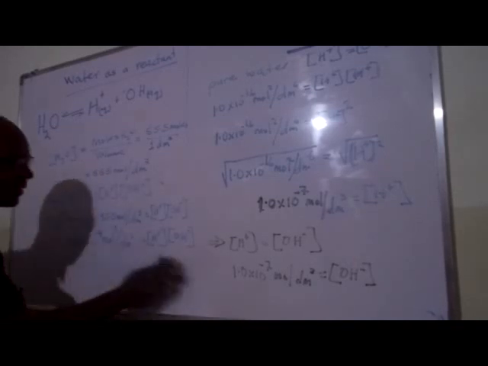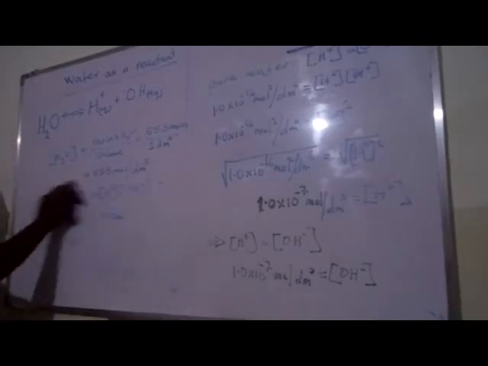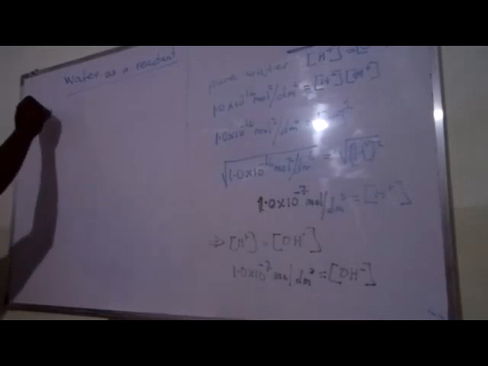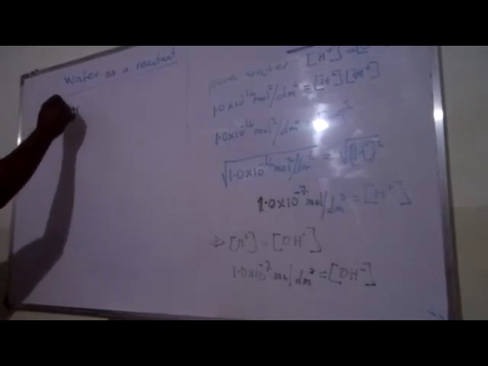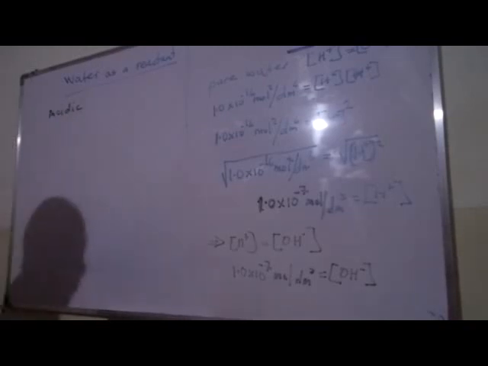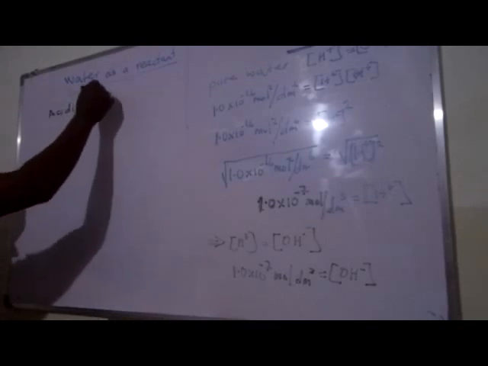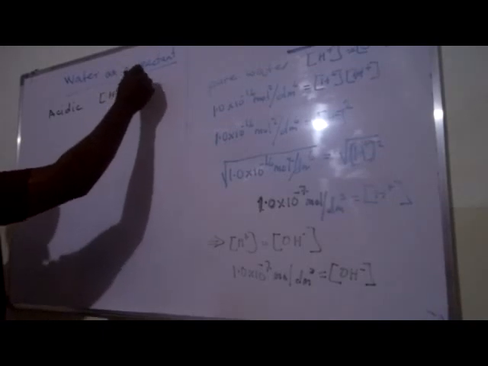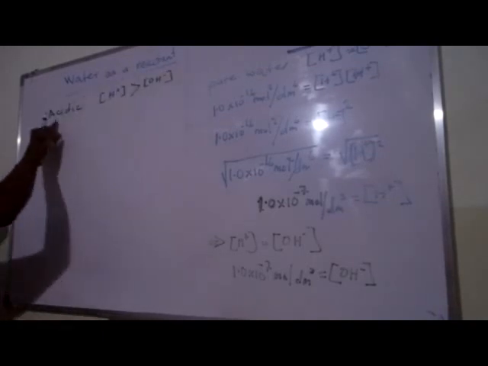If the two are not equal, if in a solution you have more hydrogen ions, then we say that the solution is acidic. That is, if the concentration of hydrogen ions is greater than the concentration of hydroxide ions, then the solution is acidic.